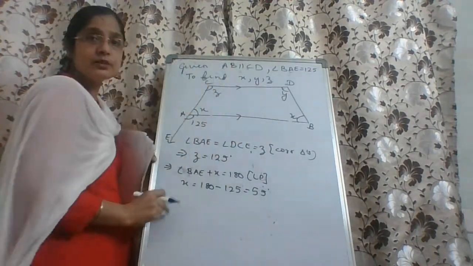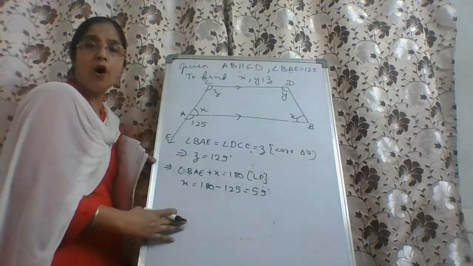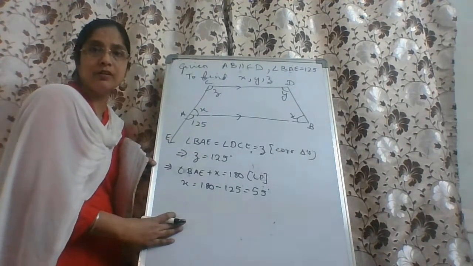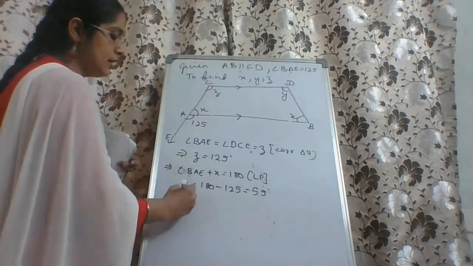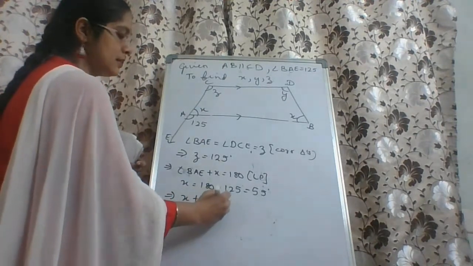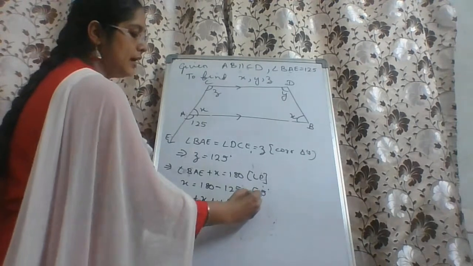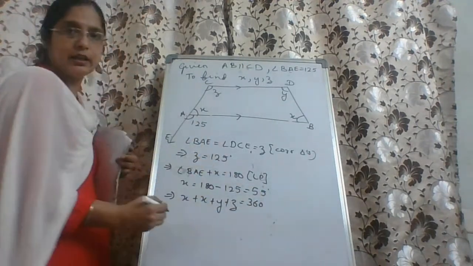Now how to find this Y? Sum of all the angles of a quadrilateral is always equal to 360 degree. So let us solve from that. X plus Y plus Z plus X equal to 360 degree.